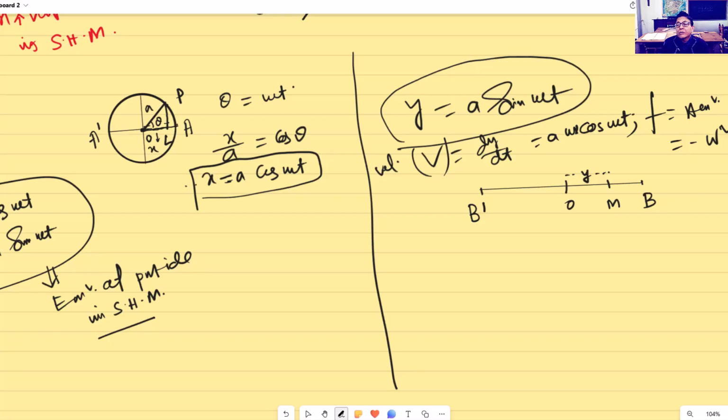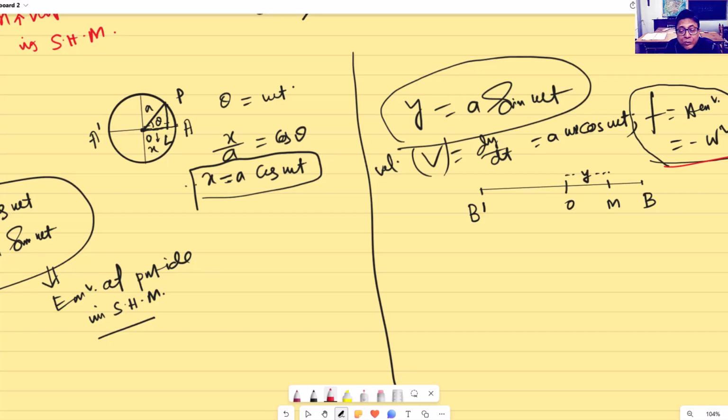It is better to start with the value of acceleration. What do you observe? Acceleration is minus omega square y. So if the particle goes away from the point O, y increases, so F increases. It means acceleration directed towards the mean position increases.